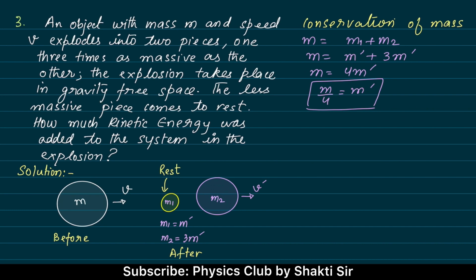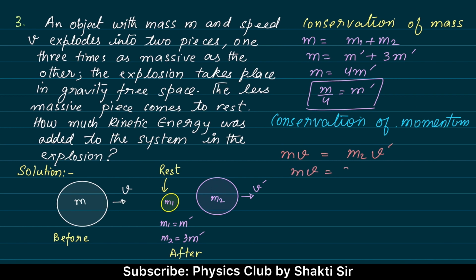Now we can apply the conservation of linear momentum. Once you apply it, what do you get? The initial momentum is m times v, and the final momentum is m2 v dash, because m1 is at rest. So m v is equal to 3 m dash v dash.